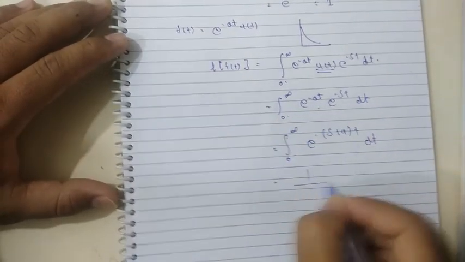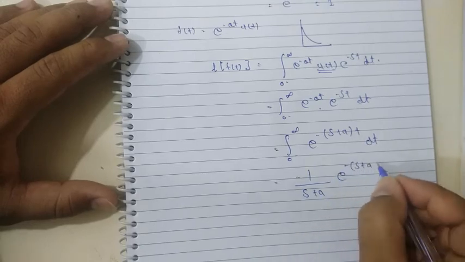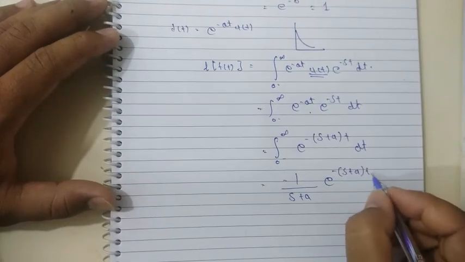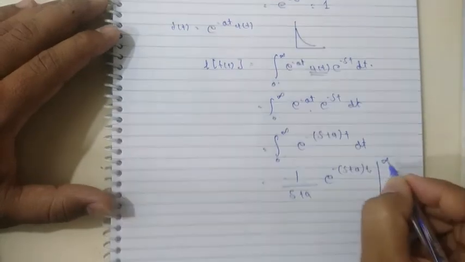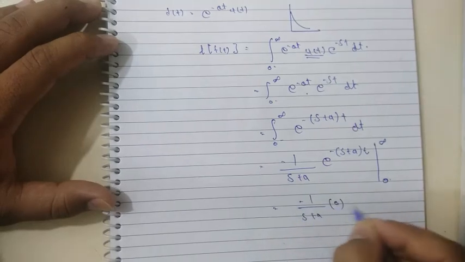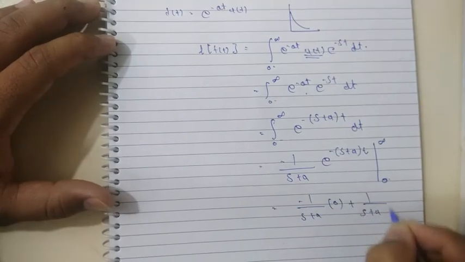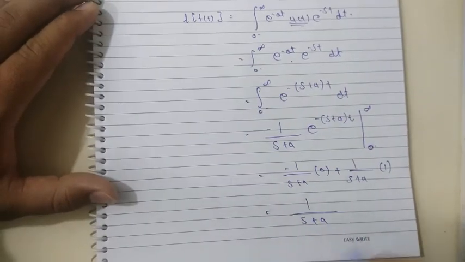Simple integration gives minus 1 upon s plus a e power minus (s plus a) t, with limit 0 to infinity. That gives minus 1 upon s plus a times (0 minus 1), which is 1 upon s plus a.